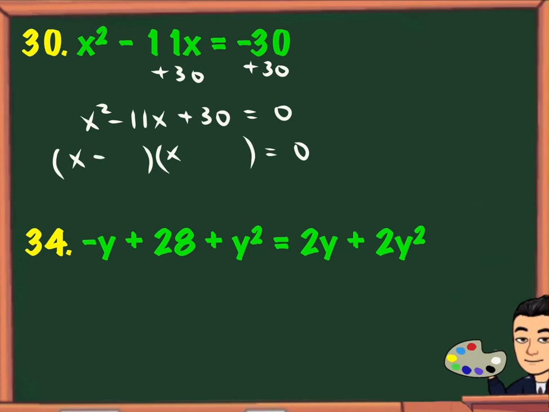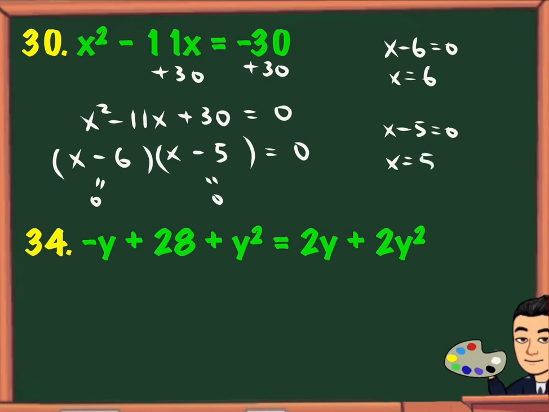One of them is going to be minus 6, another one is going to be minus 5. Which means that each binomial equals 0. So x minus 6 equals 0, that means x is going to equal 6. x minus 5 equals 0, that means x is going to equal 5. So those are your answers.